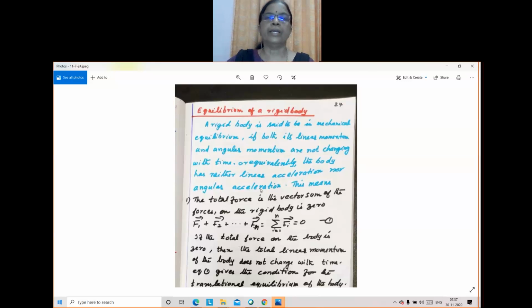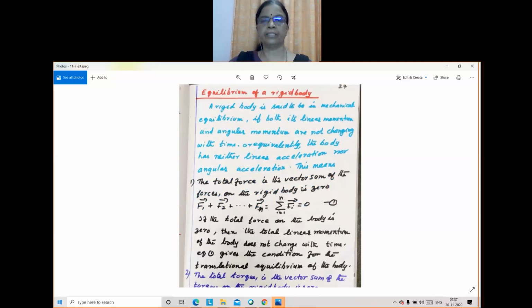So here we are studying equilibrium of a rigid body, and we are studying the rotation of the rigid body also. A rigid body is said to be in mechanical equilibrium if both its linear momentum and angular momentum are not changing with time. Or equivalently, the body has neither linear acceleration nor angular acceleration.